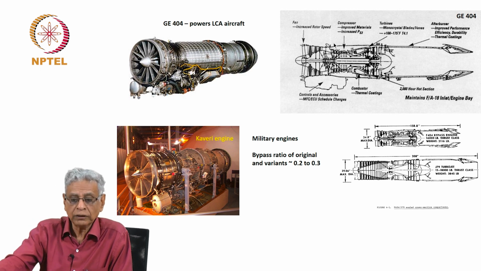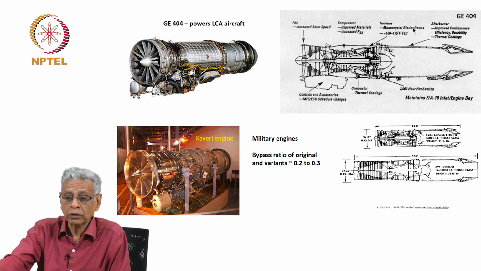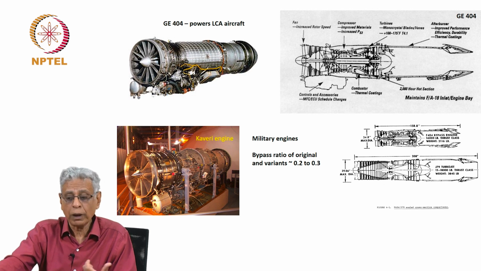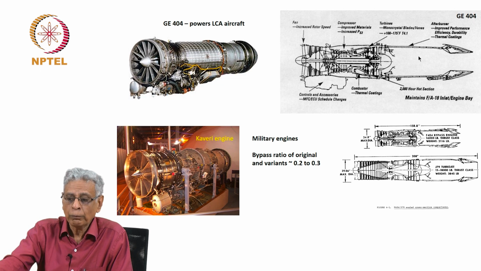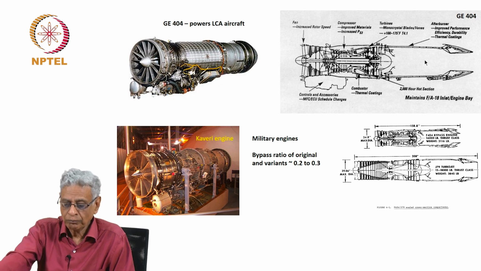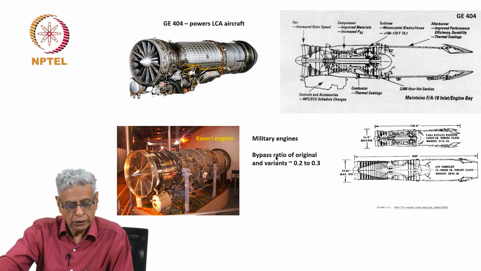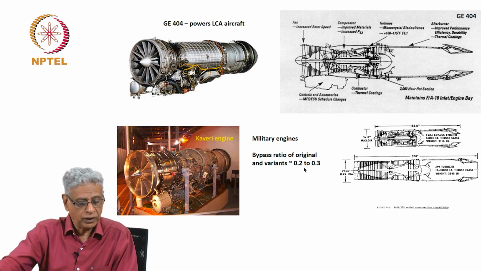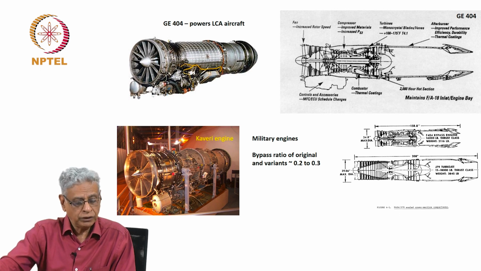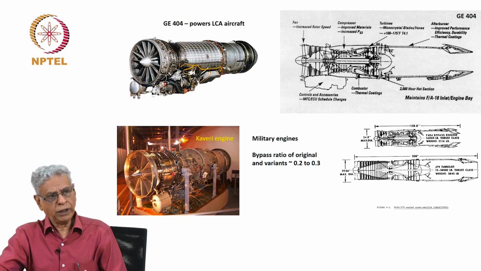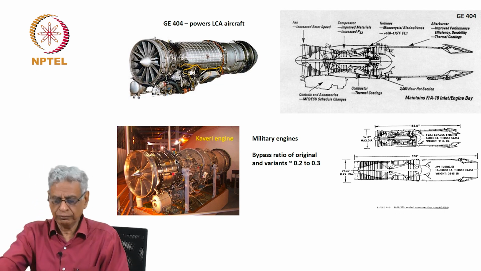It has improved materials, it has single crystal blades and vanes, that gives life to the turbine blades, and an afterburner, which gives you the extra thrust whenever you demand, and the bypass ratio of the original and the variants is typically 0.2 to 0.3. You also see the engine being developed at GTRE, the Kaveri engine, which has gone through many stages of successes. Maybe needing improvement, it will go into service soon enough.